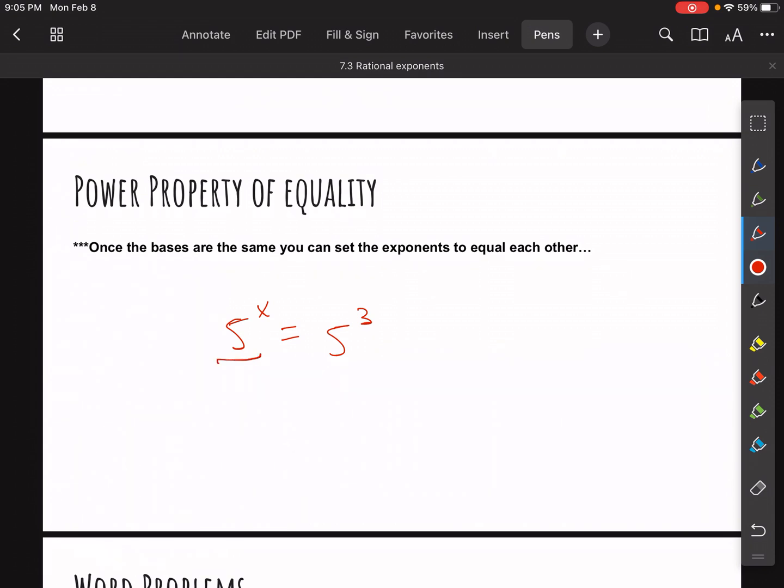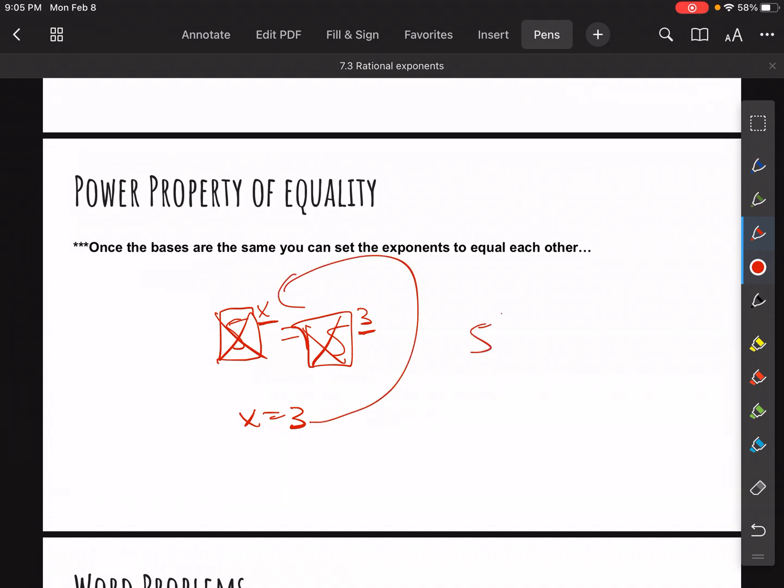What this is saying is once these bases are the same, you can forget about them and just set this exponent equal to this. So in this case, it would be just x equals 3. Because if you plug that back in, 5 to the third does equal 5 to the third, right?